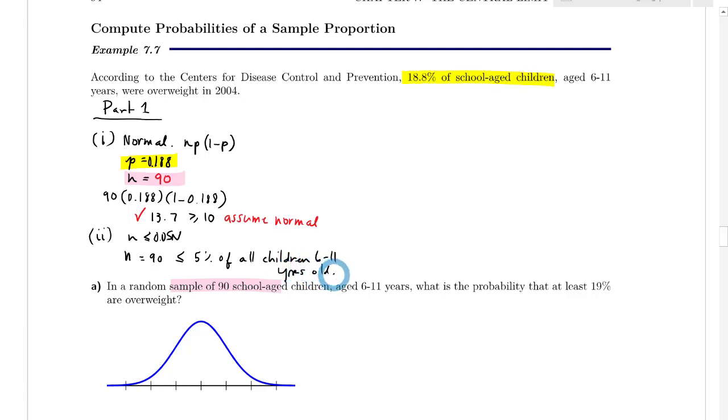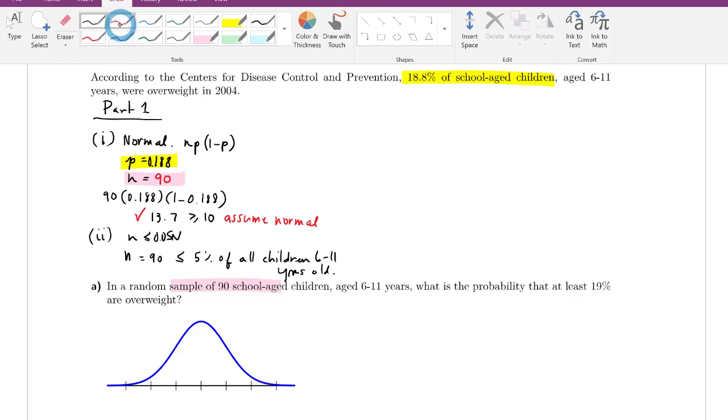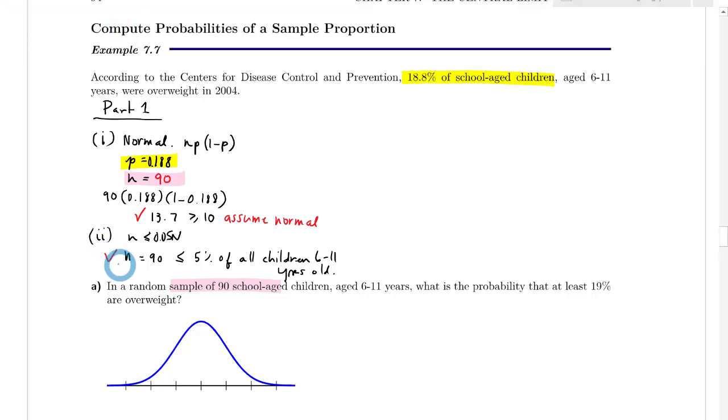So 90 children, think about 90 kids. That's about 3 classes in an elementary school. Do you think that's less than or equal to 5% of all children 6 to 11 years old? I think so, definitely. And so now these two criteria, part 1, are satisfied.